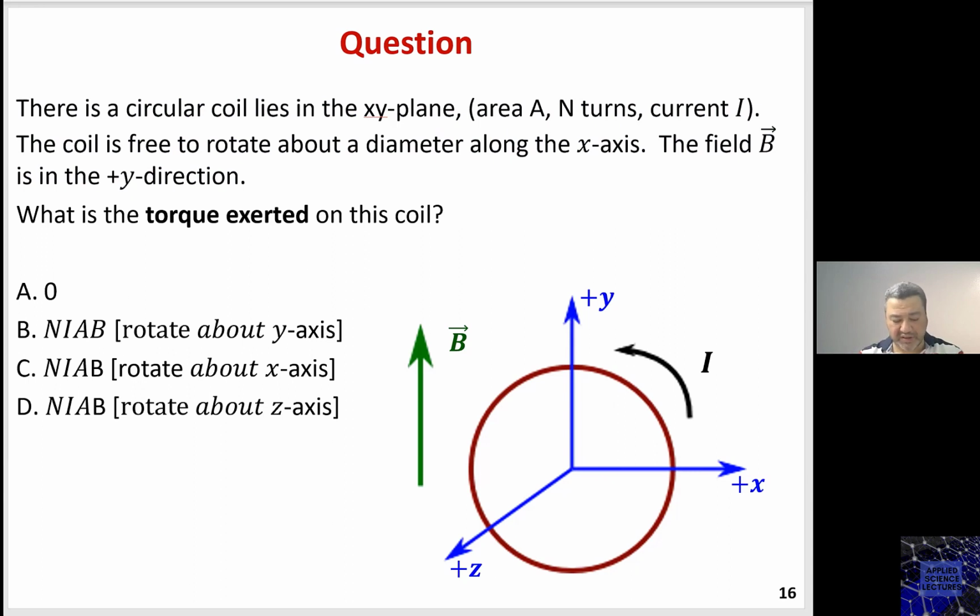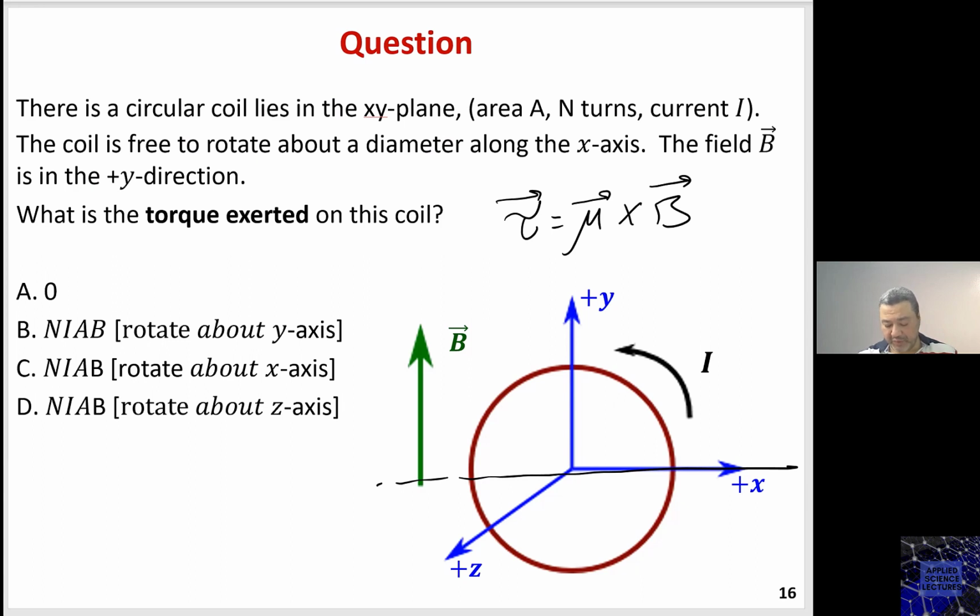So let's look now at the second question here. A circular coil lies in the xy plane. Again, same question, and the coil is free to rotate along the x-axis. The magnetic field is pointing upward. What is the torque exerted on this coil? So the torque tau equals the magnetic dipole moment cross the magnetic field.